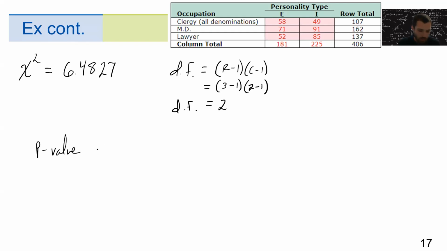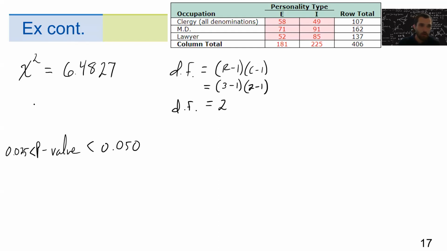Your p-value is going to be in this range here. 0.050 is your high mark, and your low mark is 0.025. That is where my p-value is.